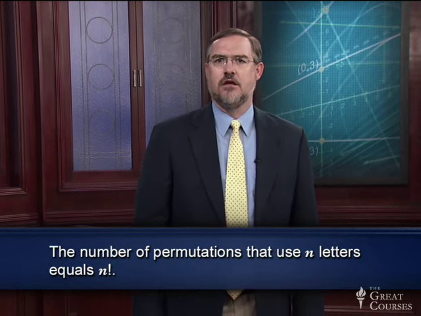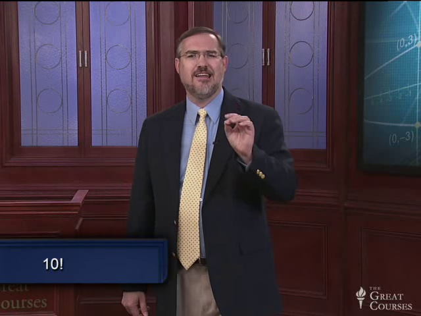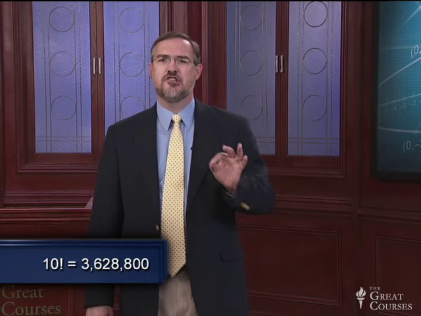and we've seen this factorial function in the previous lesson. So even if you had a really big number of letters, like you had 10 letters, and you wanted to build all the permutations out of those 10 letters, you know how many you would have to build. It would be 10 factorial, which, by the way, is 3,628,800.